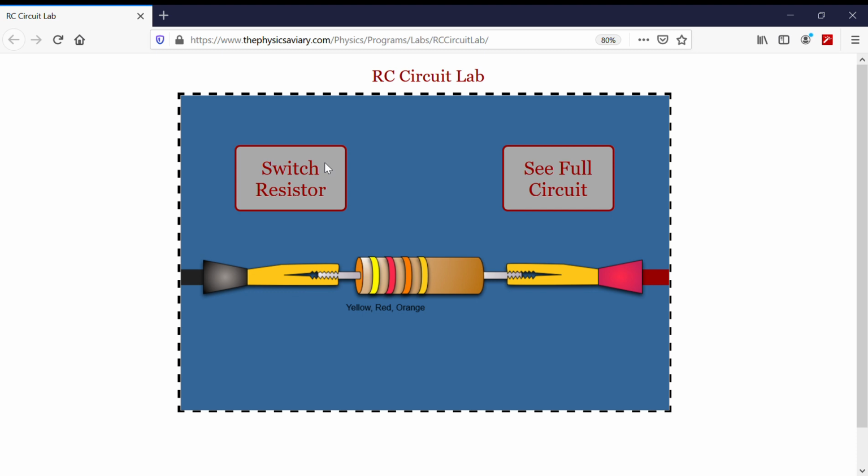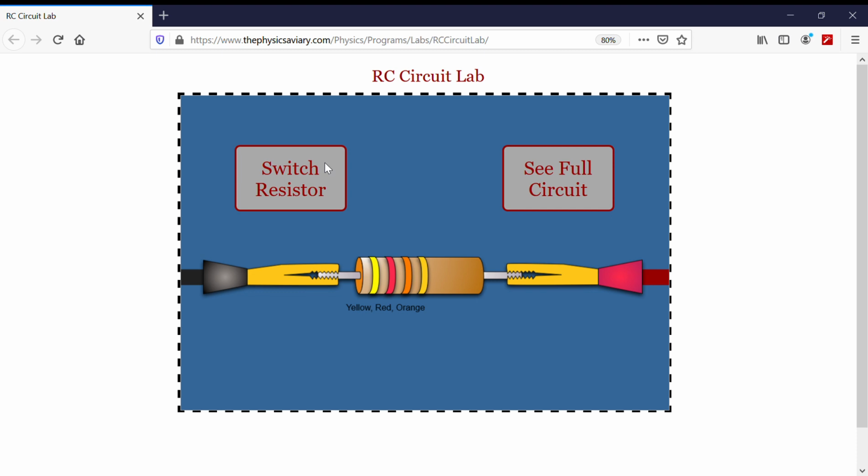When the second band is red, the second digit is 2. When the third band is orange, the third band for a 4-band color code corresponds to the decimal multiplier. And so when the third band is orange, the decimal multiplier is 1000.